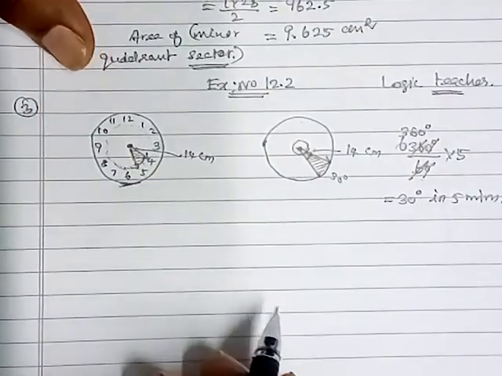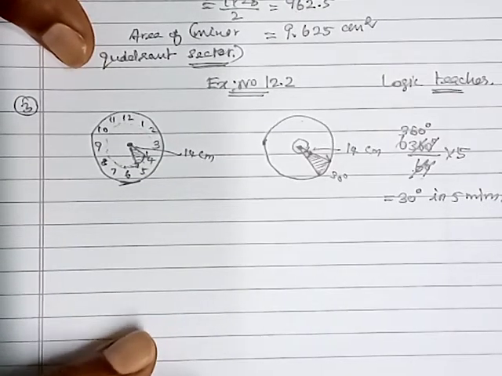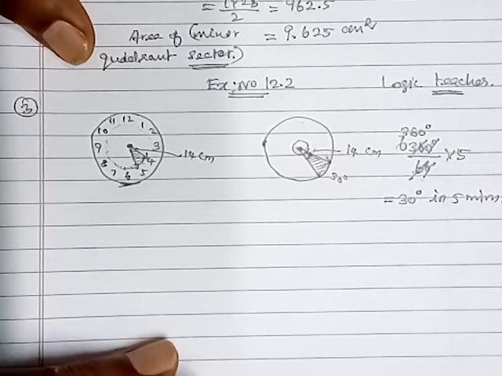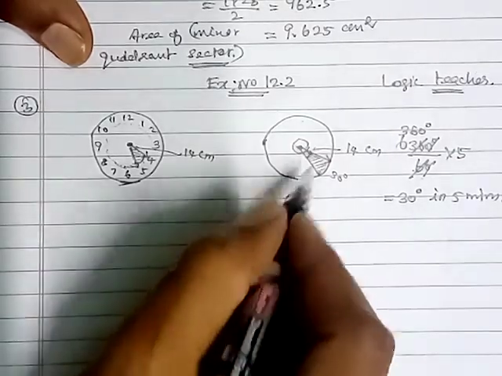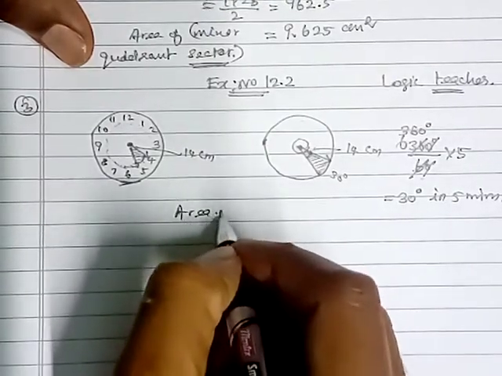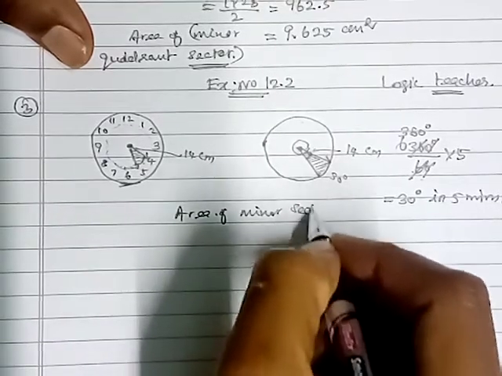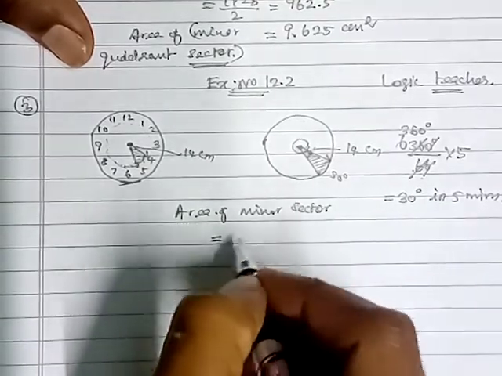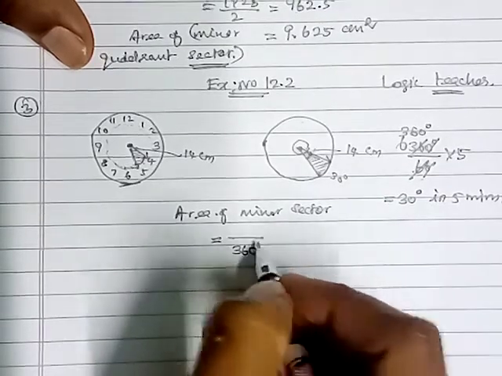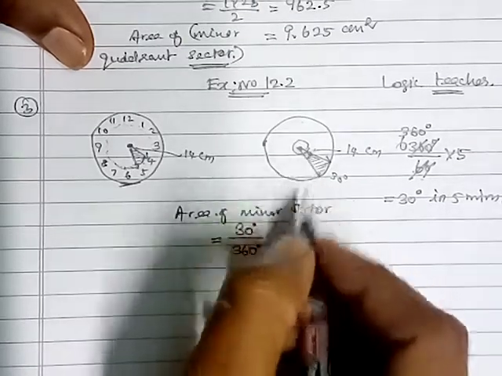Now we got the value of the angle for the sector which the minute hand traveled. Now what is the formula for the area of the minor sector? For 360 degree it travels 30 degree, right? 30 degree in 5 minutes.